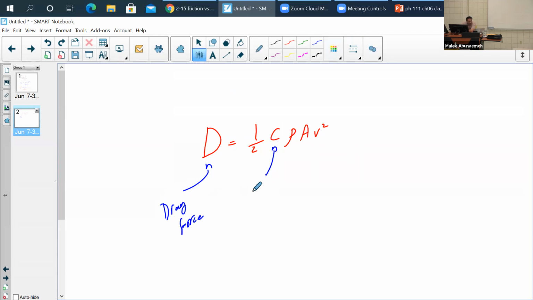You see this called your drag coefficient C. Now, your rho, that's your density, which is your mass per volume.